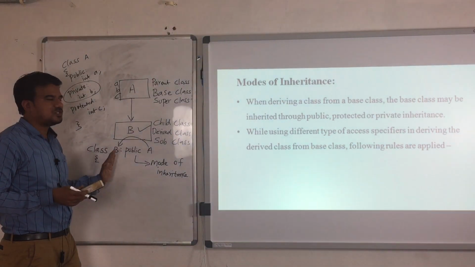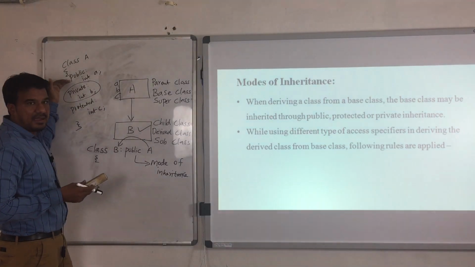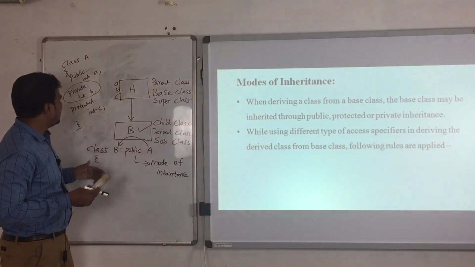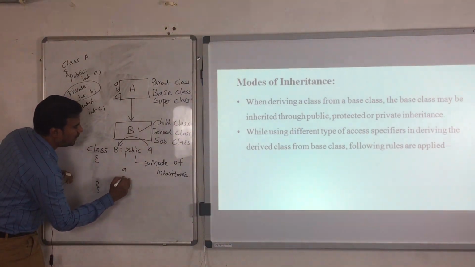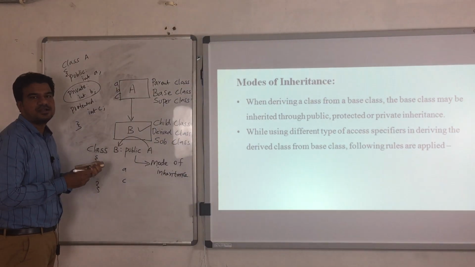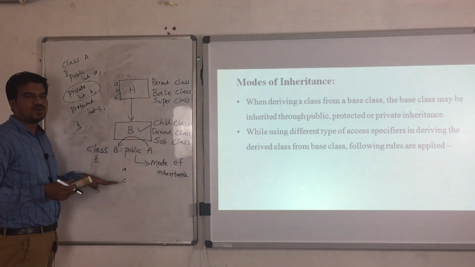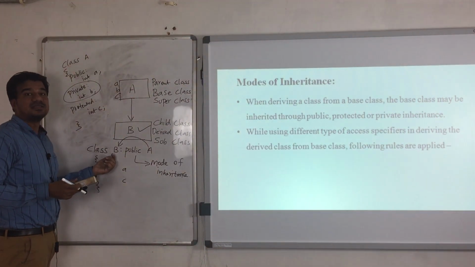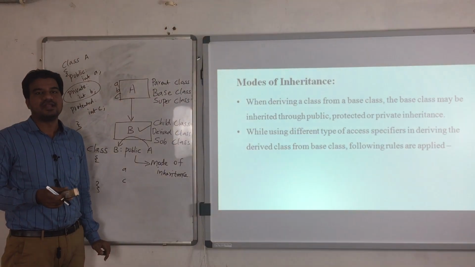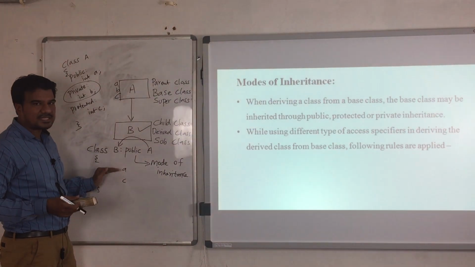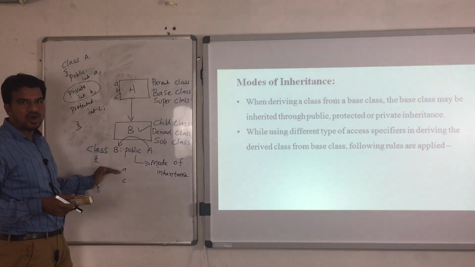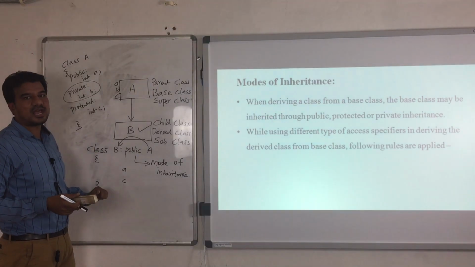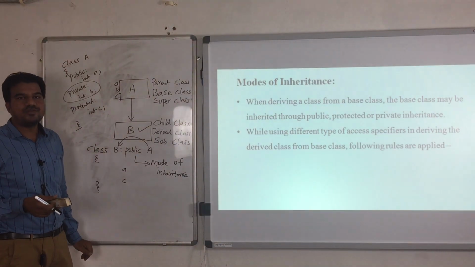Class B will acquire A, which is public, and C, which is protected. After acquiring A and C, how are they going to be treated inside this B class? That depends on the mode of inheritance. Whether we have to treat this A as private or public or protected, that depends on the mode of inheritance.